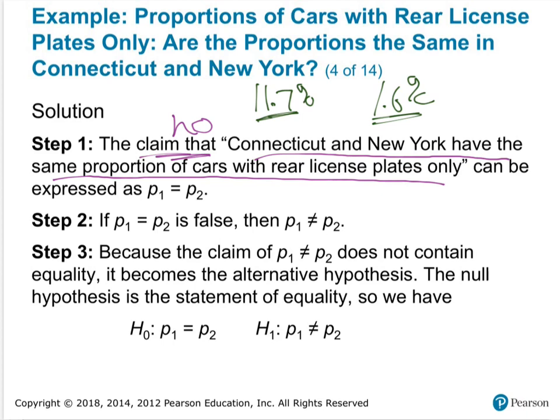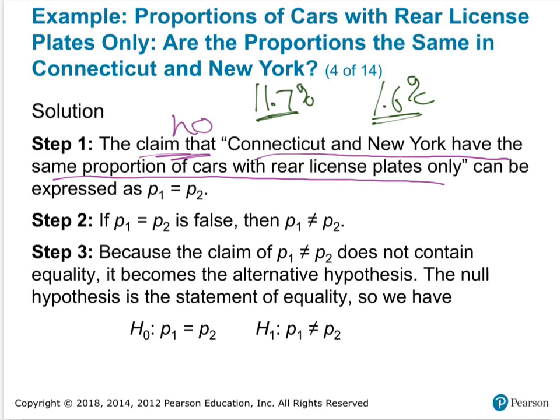But remember that was just from a sample of a few. We don't know that that's the real story for all the cars in New York and all the cars in Connecticut. Remember? That's what we're always doing in stats. You always take a sample, but you don't know if that was just a lucky sample. So what I would say back to that person who talked that way is, well, how do you know that wasn't just luck?